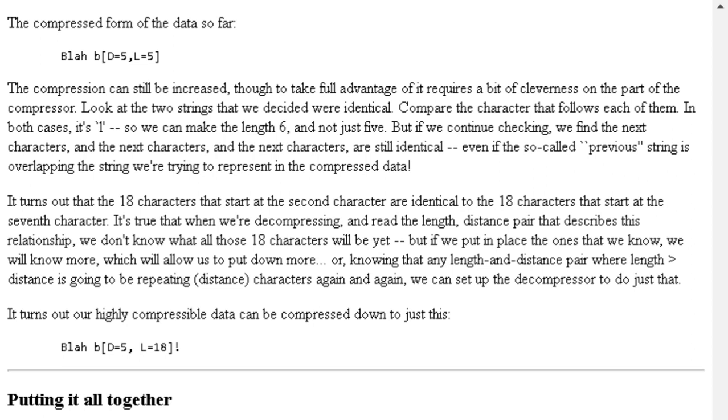But if we continue checking, we find the next characters, and the next characters, and the next characters are still identical, even if the so-called previous string is overlapping the string we're trying to represent in the compressed data.